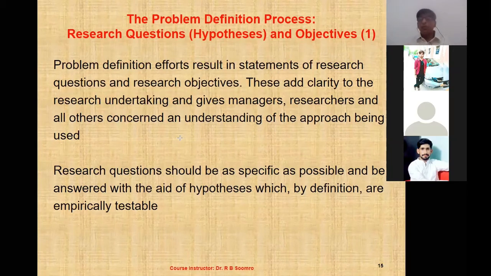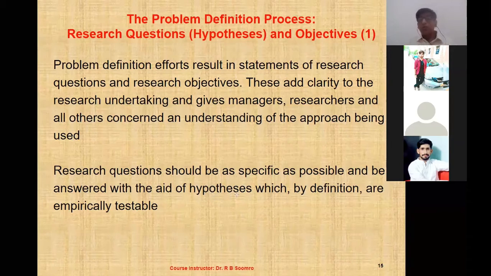That means what you want to do. Before this, it may be somewhat ambiguous, but after adding these two, it becomes much more clear. Now the path is clear, what you want to do in the future. And that's why the researcher should be as specific as possible when you are answering with the aid of the hypothesis.